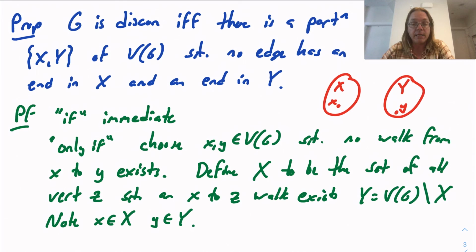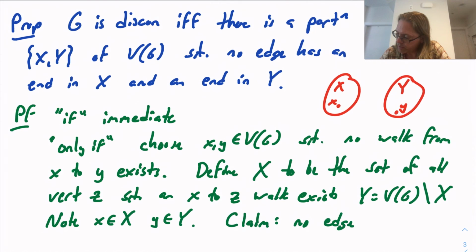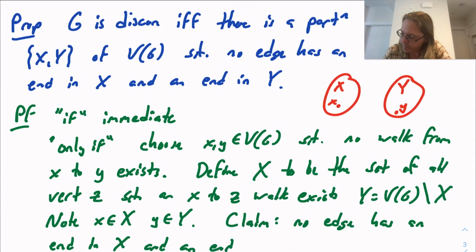And I'm claiming that you do not have an edge from that set capital X to that set capital Y. So the claim here is no edge has one end in X and one end in Y. And if we can prove that, then that's certainly going to complete the proof.